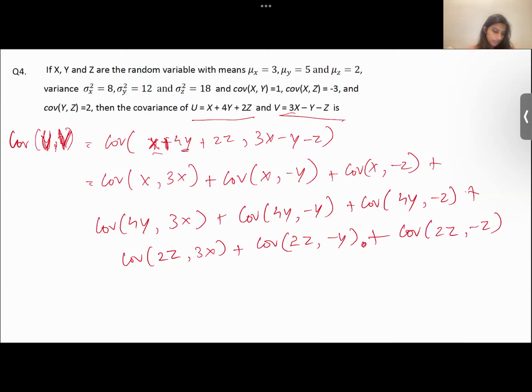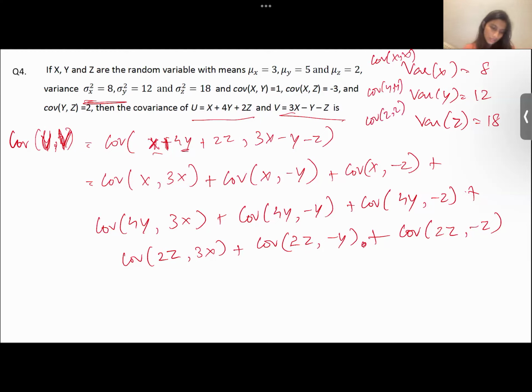Now in the question we have variance of x is equal to 8, variance of y is equal to 12, variance of z is equal to 18. So this is basically covariance of x comma x, covariance of y comma y, covariance of z comma z.